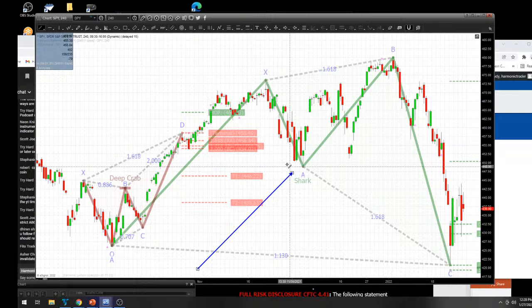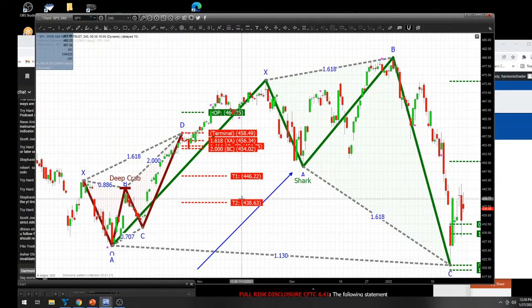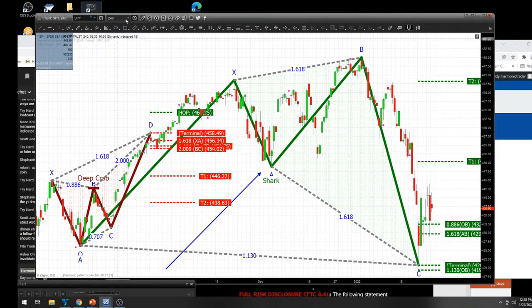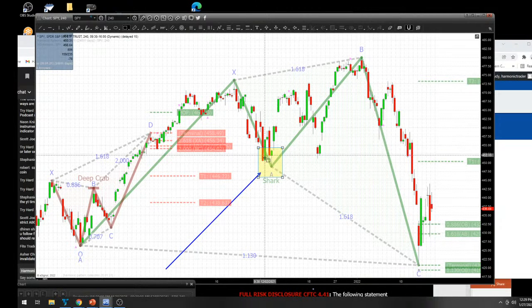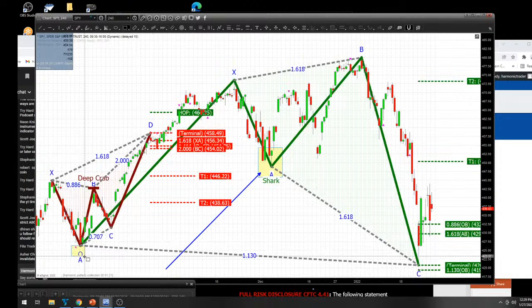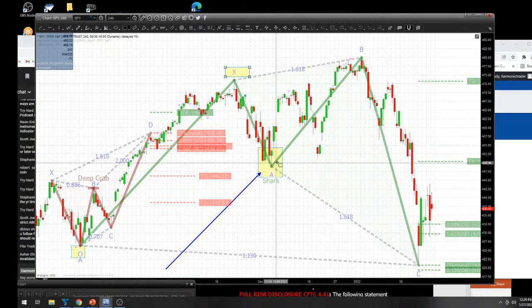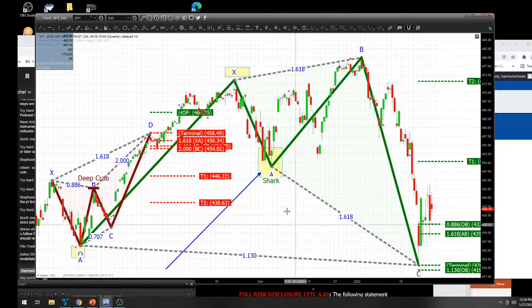It does. The reason why I haven't featured it is because it usually falls within a 382 to 618. There's not a lot of possibilities on the shark where the retracement, you go from 0, X, and then A, is usually 50 or 618. Sometimes a 382, but what happens is it doesn't show up in your zone.